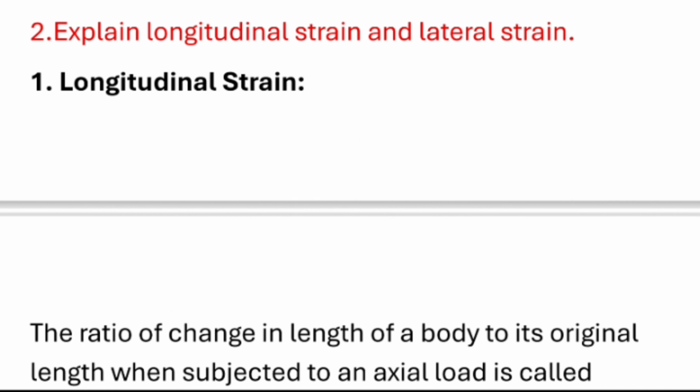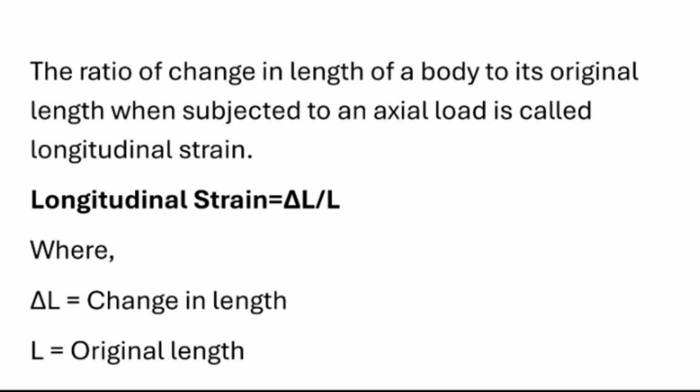The next question is: explain longitudinal strain and lateral strain. Coming to longitudinal strain, we'll learn the definition. Before that, you have to know what strain is. Strain is nothing but change in length by original length.